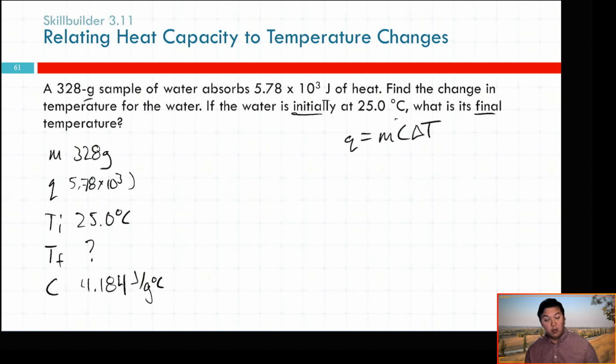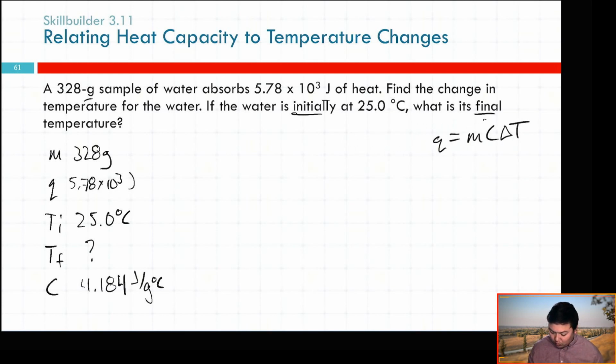That's probably one that you will end up memorizing, whether on purpose or by accident, or by osmosis. I will give you all the specific heat capacities that you need. Again, with a lot of these problems, you just plug in what you're given, and then use algebra to solve for what you don't have.